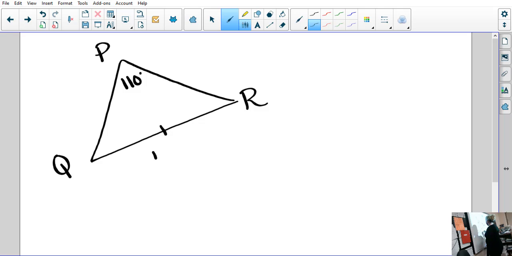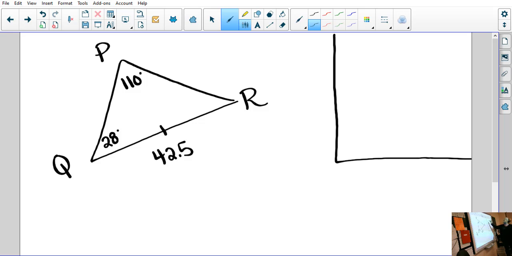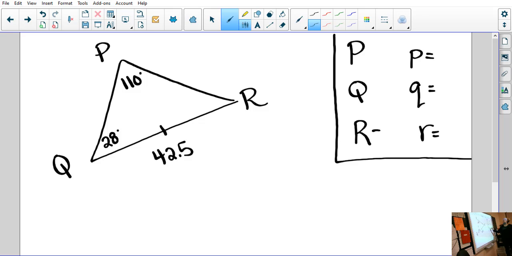This is 45. Okay, so I have a triangle here, and let's solve this triangle.